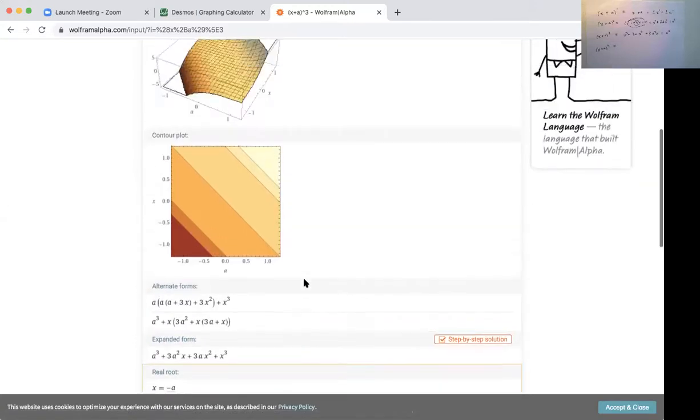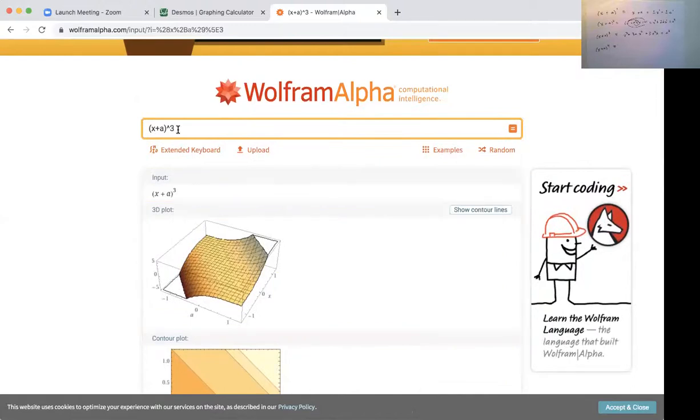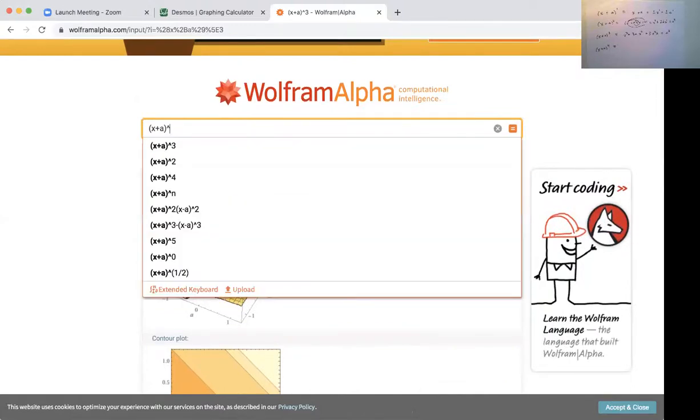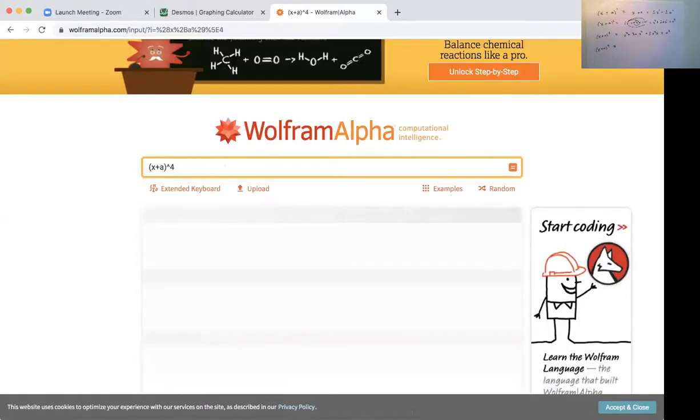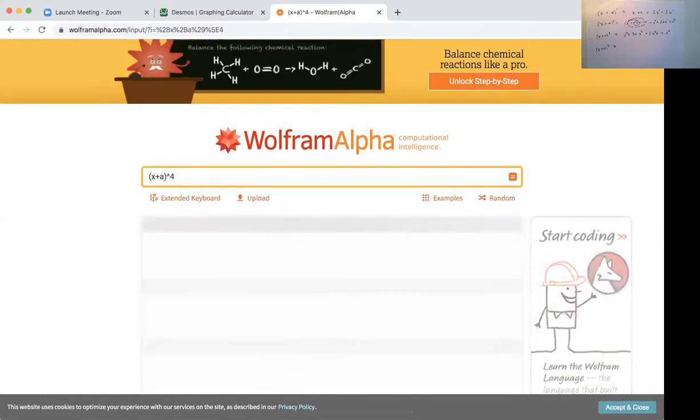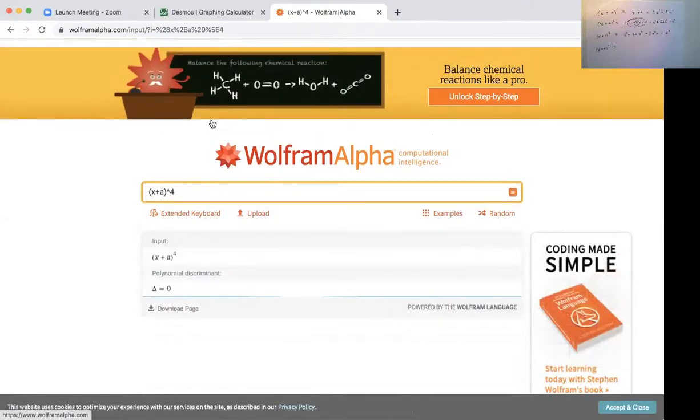And I want to go ahead and do x plus a to the fourth, again, trying to see if I can identify a pattern. So let's continue with Wolfram Alpha and see what it gives us.